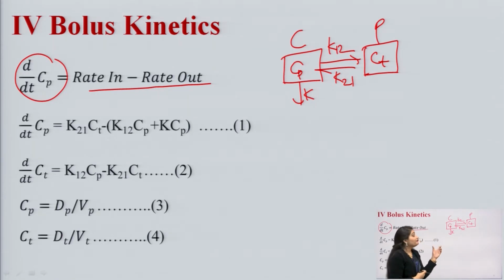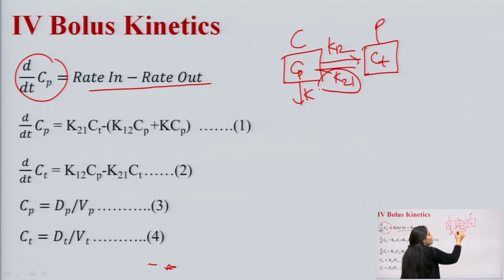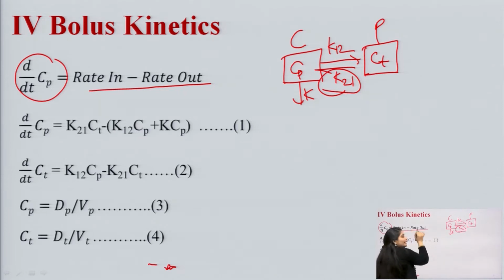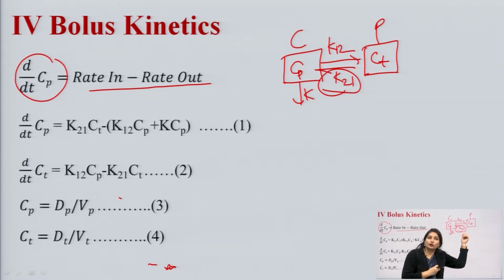So, how is the drug getting into the central compartment? The drug is entering the central compartment by the constant K21. We want to write the rate in minus rate out. In the central compartment, the drug is getting in with the help of this constant, that is K21.